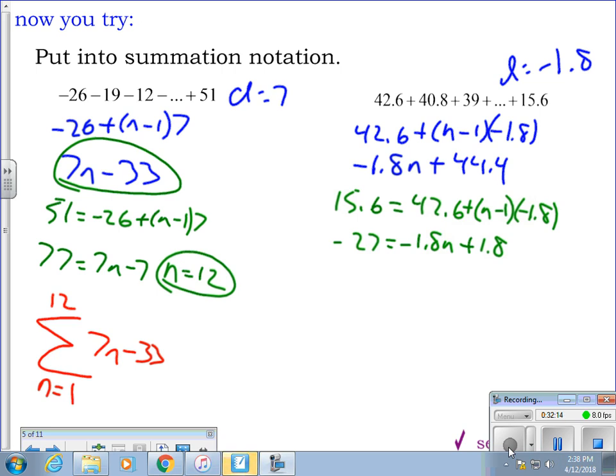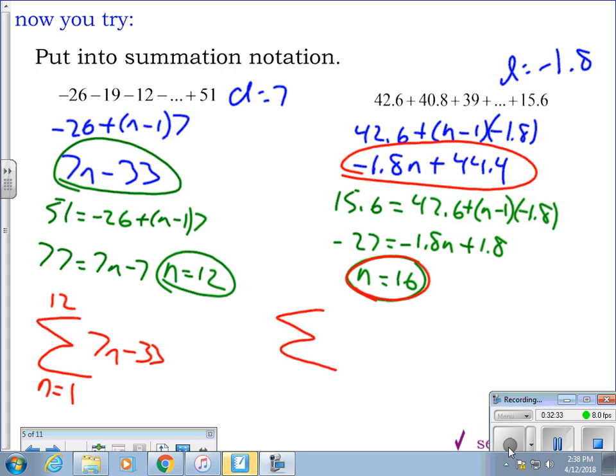Minus 1.8, divided by 1.8, I get 16. So once again, we need to know how many terms there are. We need the formula when we get there. It's easy. N goes from 1 to 16 of negative 1.8n plus 44.4.